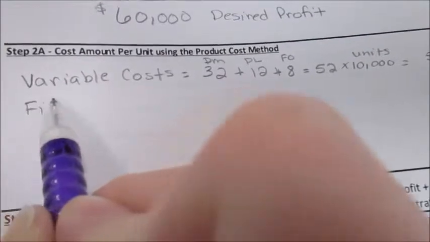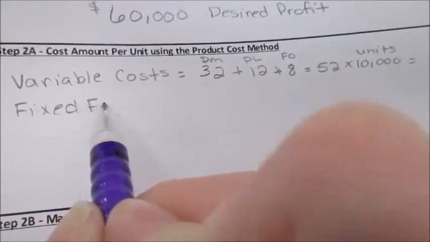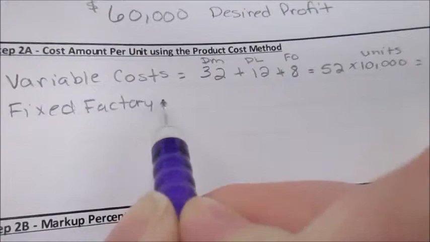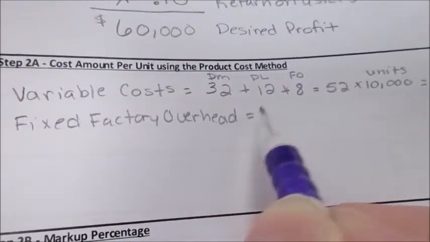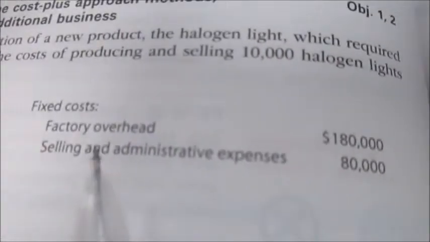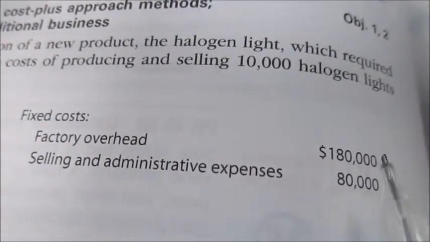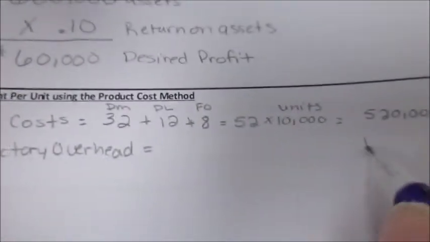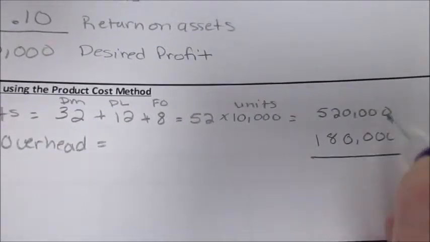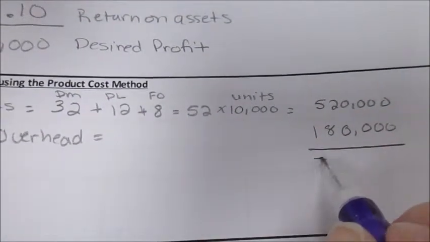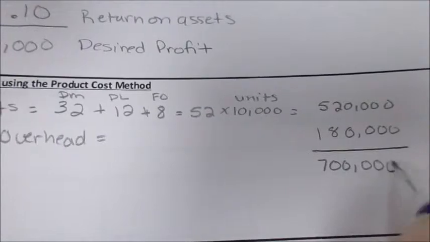Now we need to find our fixed factory overhead. And if we look at our textbook, it says under fixed cost that our factory overhead is $180,000. I'm going to take those two numbers and add them together, and I get $700,000.